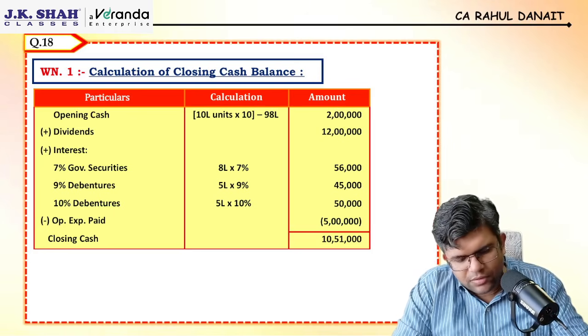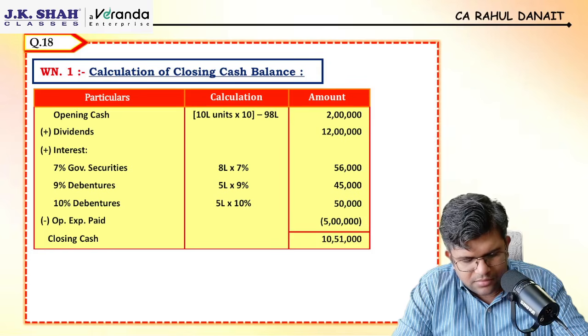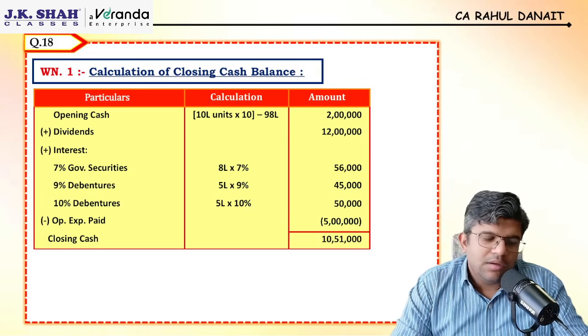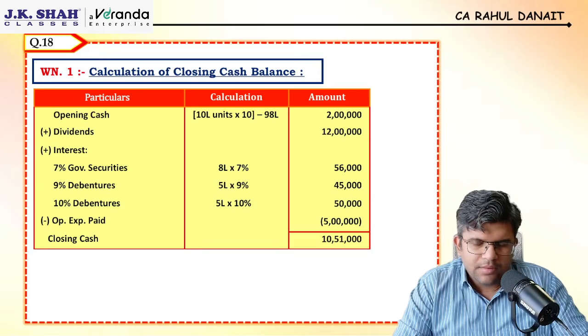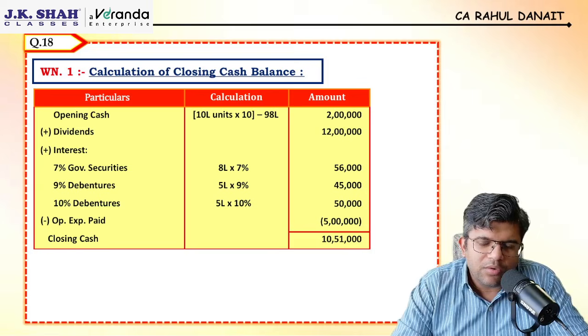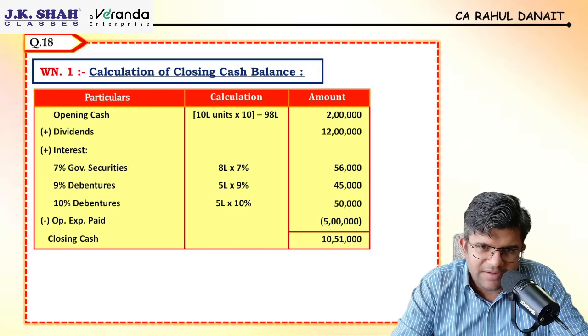Mutual fund is planning to distribute how much dividend? 0.8 per unit, no? 0.8 per unit means on 10 lakh units, can I say 8 lakh rupees dividend they want to distribute? Give me a why. You understood this?